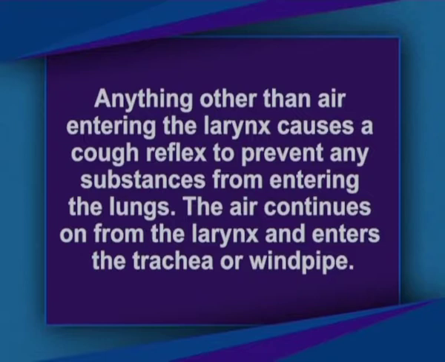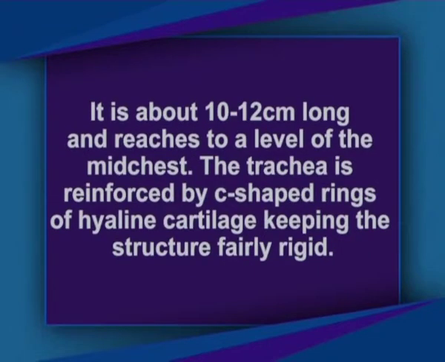The air continues on from the larynx and enters the trachea or windpipe. It is about 10 to 12 centimeters long and reaches to the level of the mid-chest. The trachea is reinforced by C-shaped rings of hyaline cartilage, keeping the structure fairly rigid.